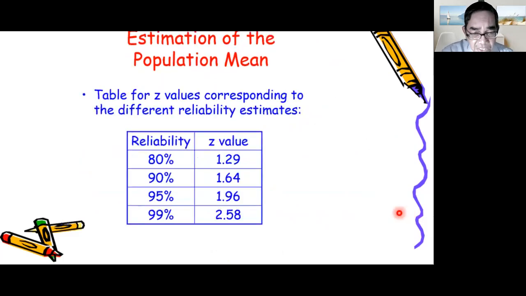And these are just to show you the different z values that we normally use for the different reliabilities. For 80% reliability, the z value is 1.29, for 90, 1.64, for 95, 1.96, and for 99, 2.58. These are the different z values that we normally use for each corresponding reliability estimate.